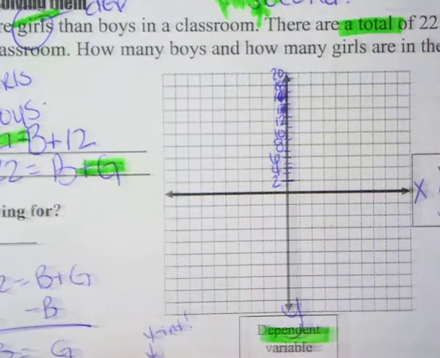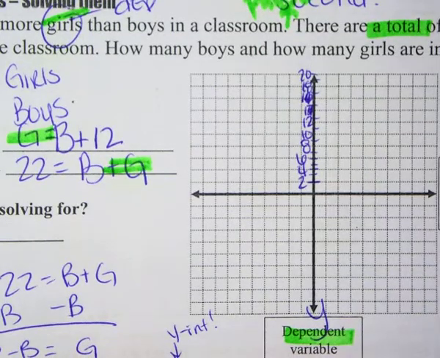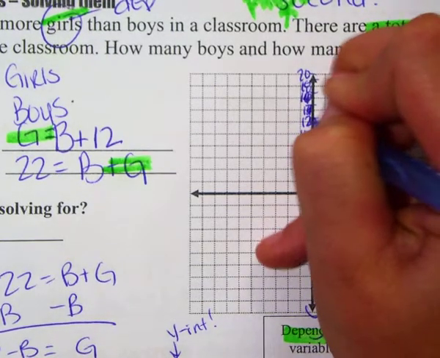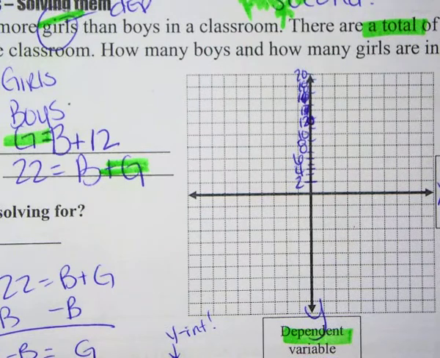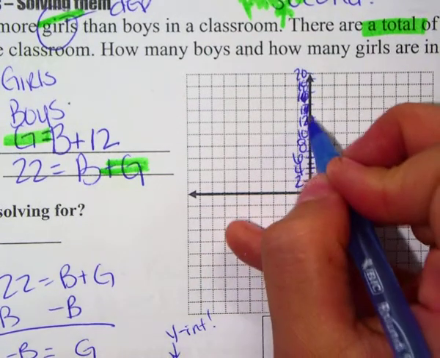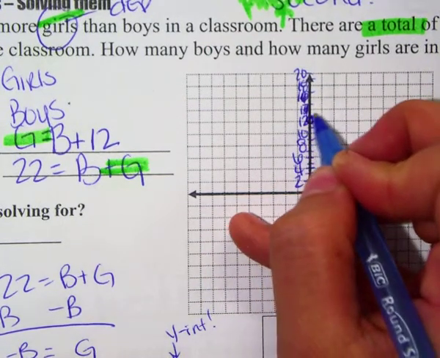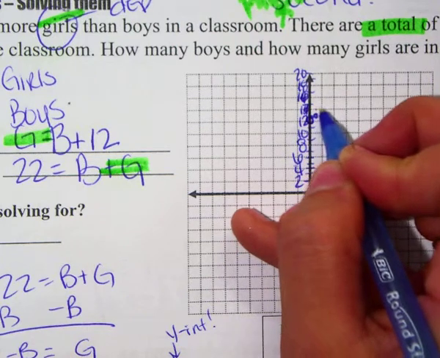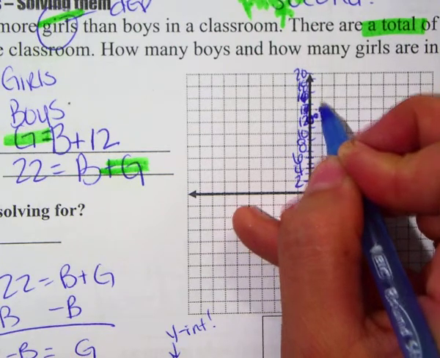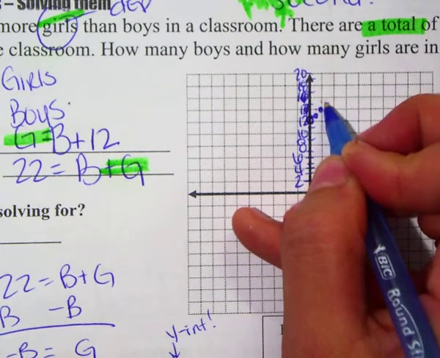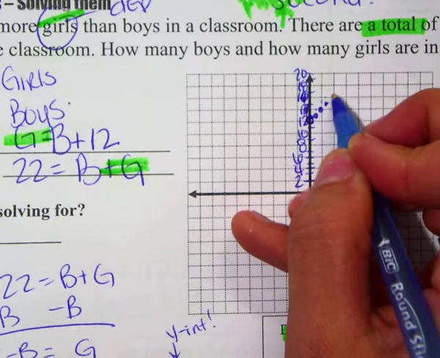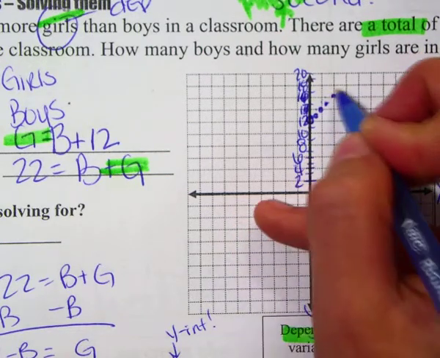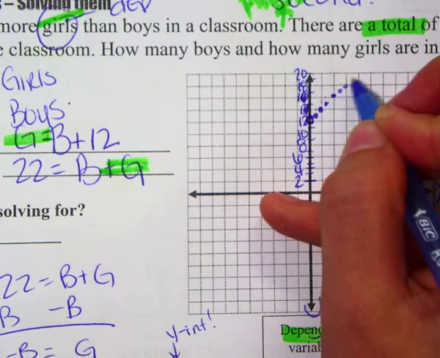So plotting the first equation, G equals B plus 12. My y-intercept is 12, and my slope is 1. I'm going to rise 1, run 1. Rise 1, run 1. So I've scaled my axes so that everything fits.